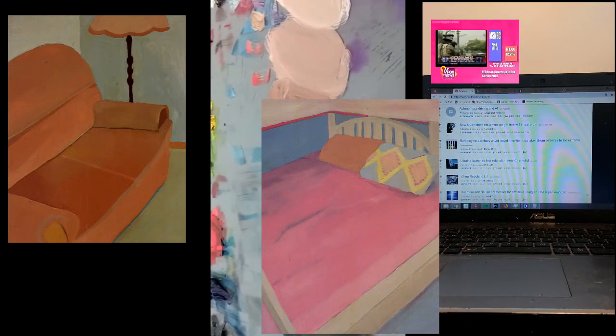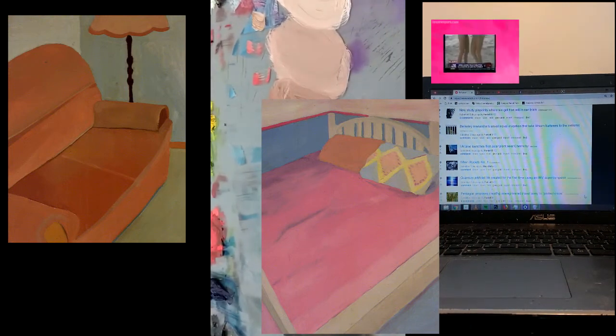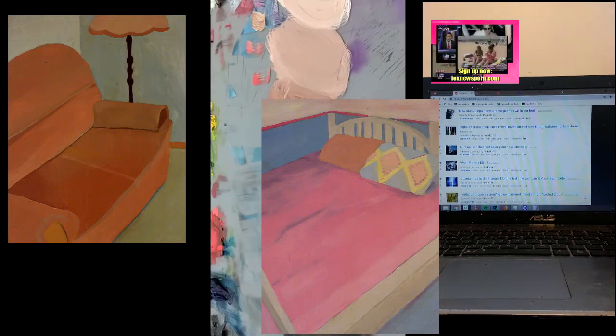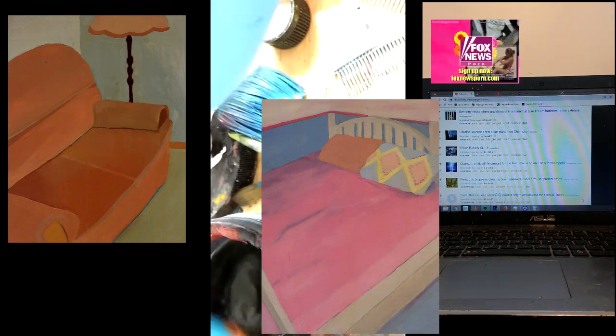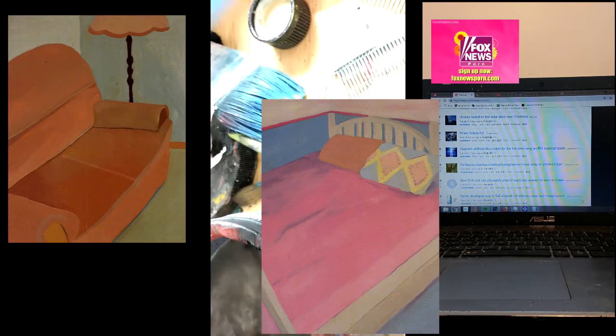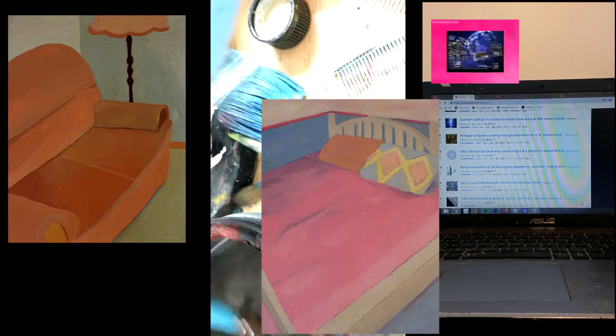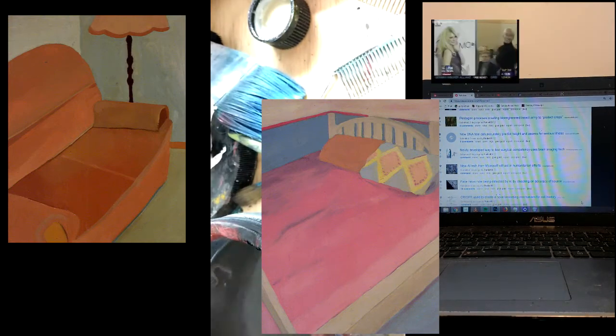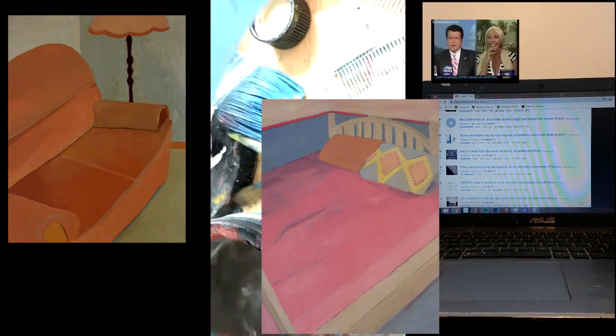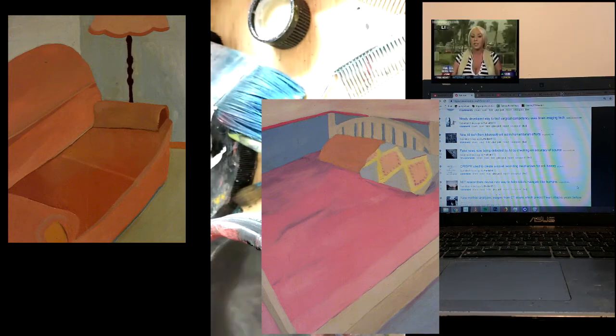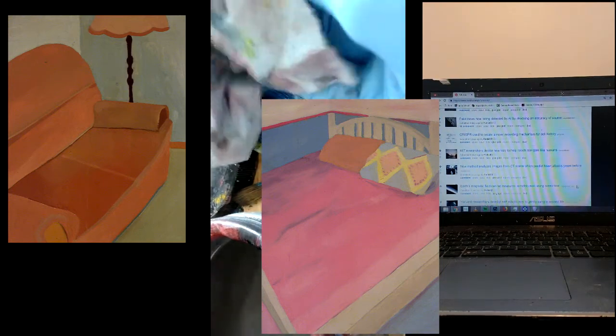And these two paintings here are from pornography images, and then I removed all the people. I did a series of these paintings as well, just focusing on the interiors without people in them. And we can kind of imagine what was going on in these rooms.